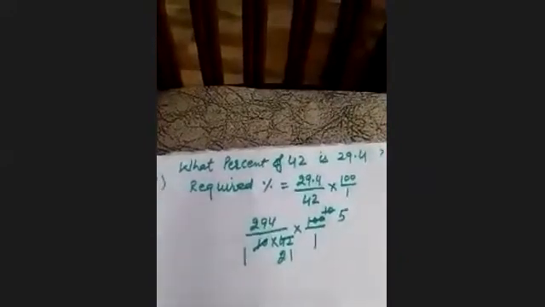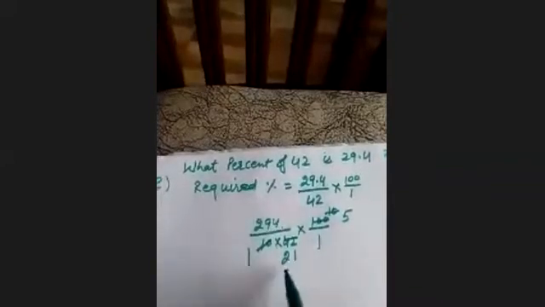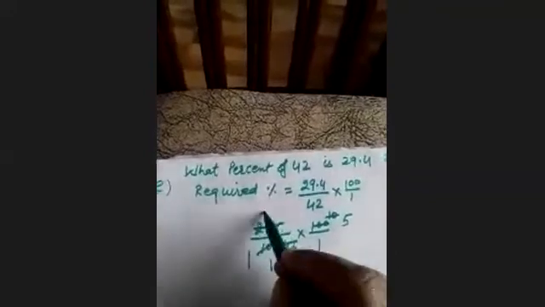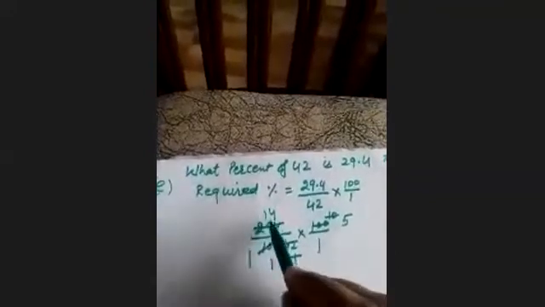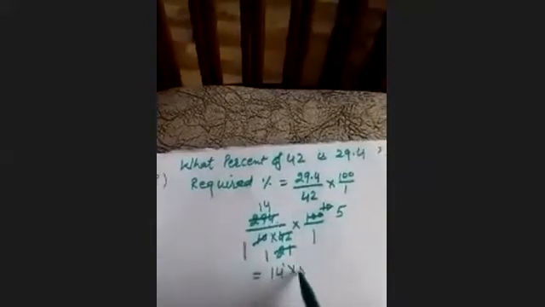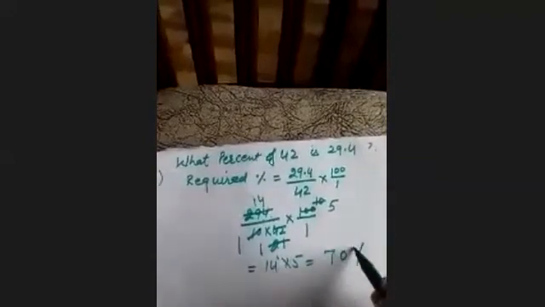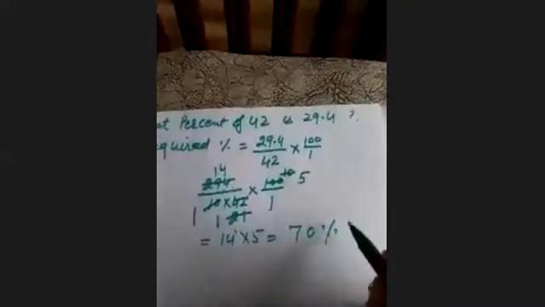Now 294 divided by 21: 21 multiplied by 14 we get 294. So we have 14 into 5, that is 70%. So our answer is 70%.